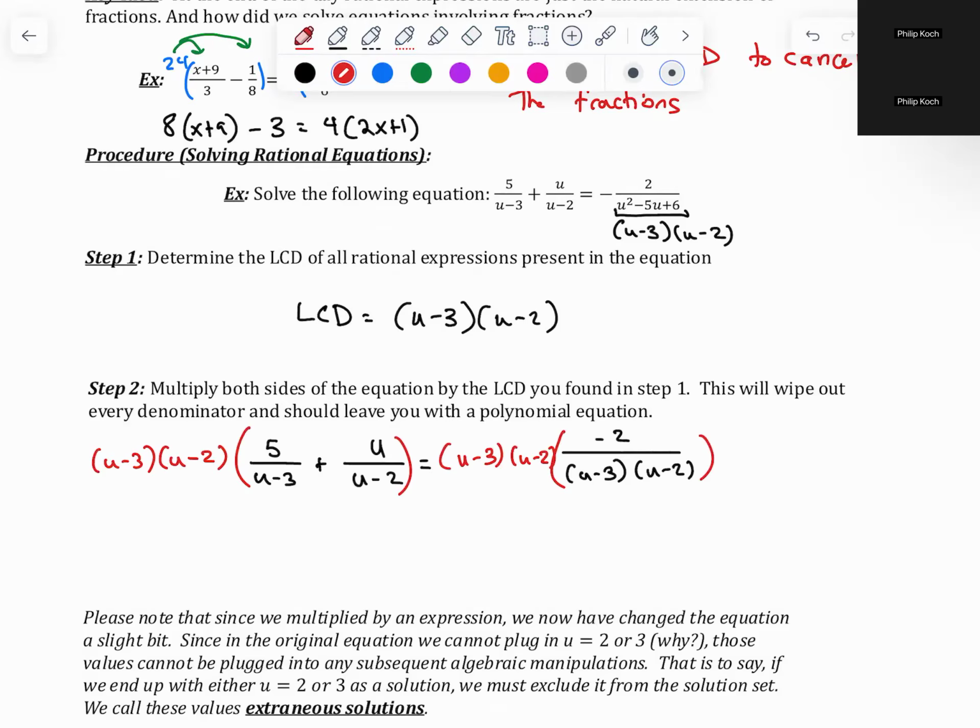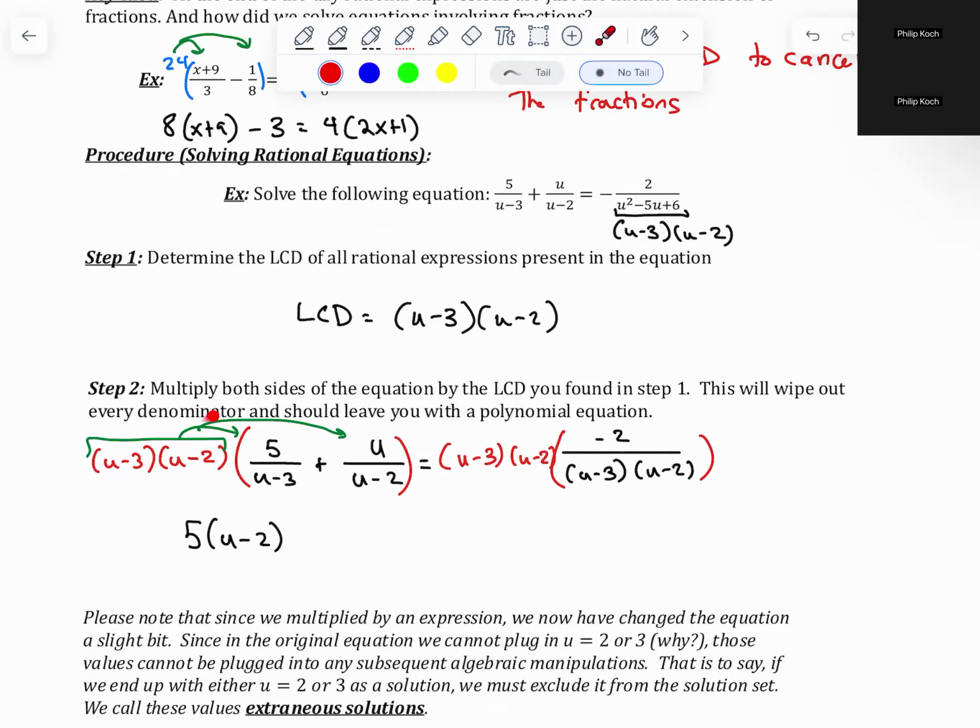And because the left-hand side is two terms, the first fraction plus the second fraction, that LCD in red has to get distributed into each of them. When I distribute it into the first piece, the 5 over u minus 3, the u minus 3's will cancel. So all that will be left is a 5 times a u minus 2.